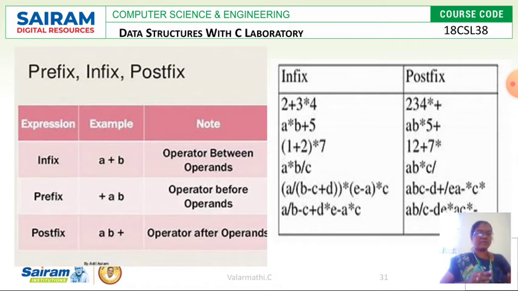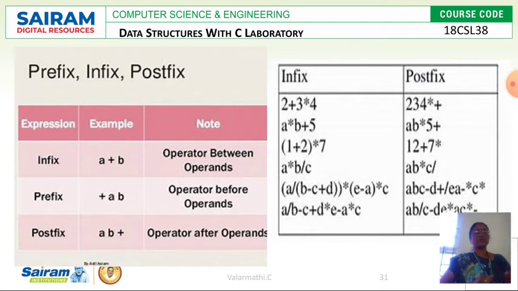The first level is done with the help of multiplication. The second level is about the plus operator. According to the plus operator, 3 4 star is the one operand, so it continues the same: 3 4 star. Then 2 is the first operand, so 2 is written first. 3 4 star is the second operand, written second. And for these operands, plus is the operator, which goes last.